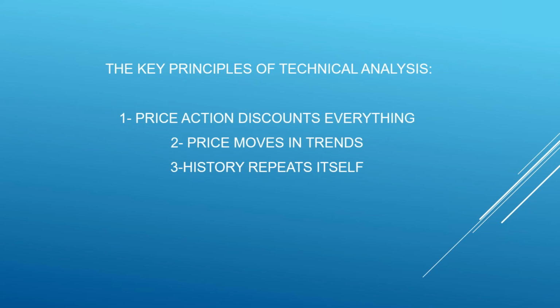We may see it again over and over. These three principles are the pyramid of technical analysis: price action discounts everything, price moves in trend, history repeats itself. These are the very basic principles on which we will do anything in technical analysis and the indicators.